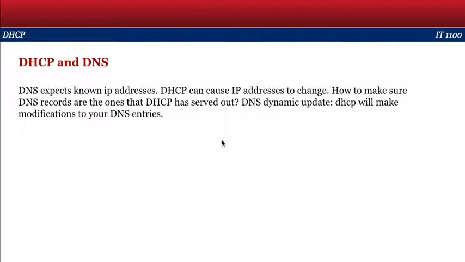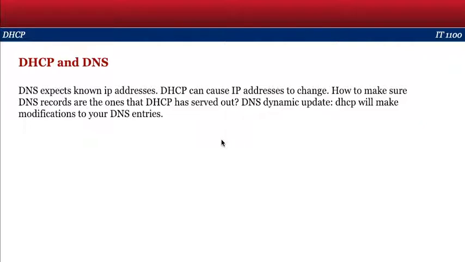Now there are some ways around that, but traditionally DNS expects a known IP address. And DHCP, though, can cause an IP address to change. How do we make sure that DNS records are the ones that DHCP has served out?